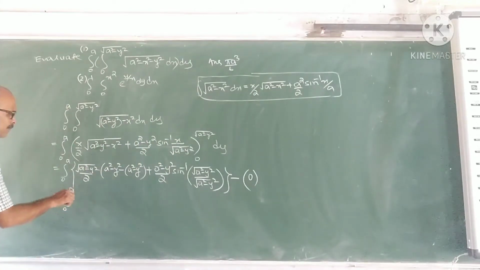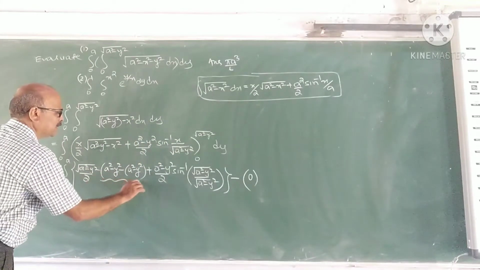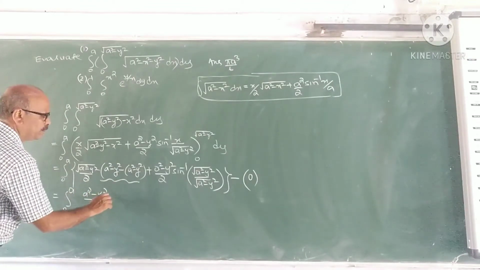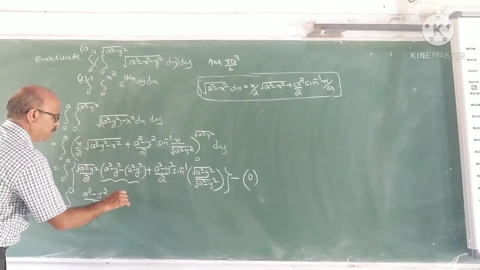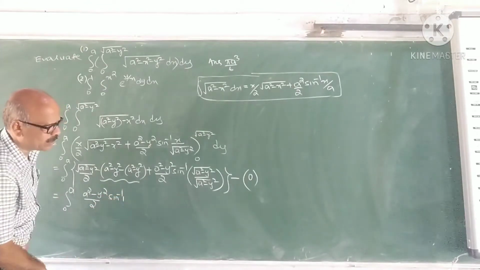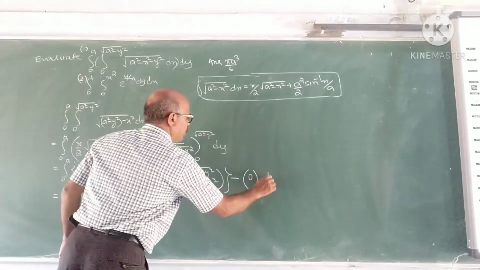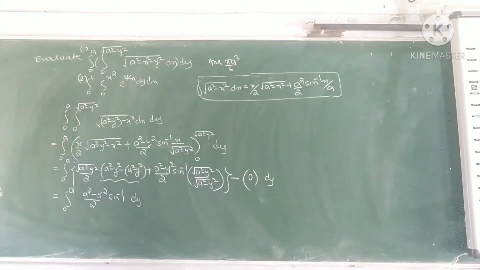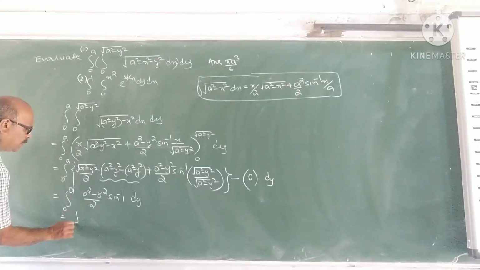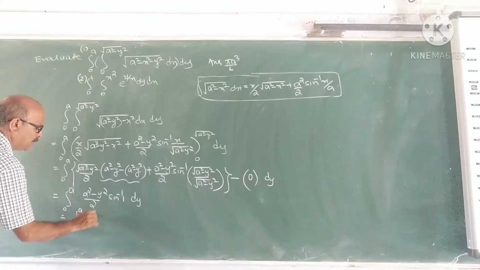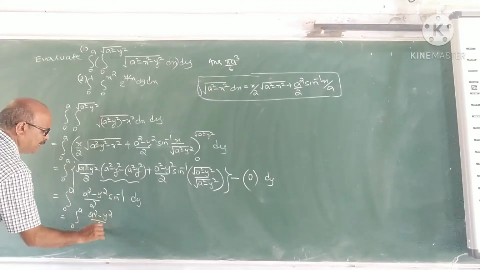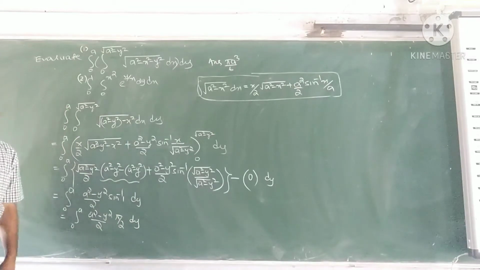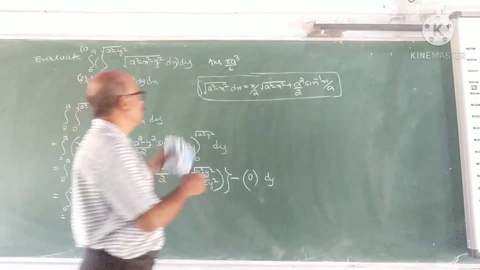So 0 to a, again this term is 0. We have got only a square minus y square by 2 sine inverse 1 with respect to y. What is sine inverse 1? It is pi by 2. So 0 to a of a square minus y square by 2 times pi by 2 with respect to y.